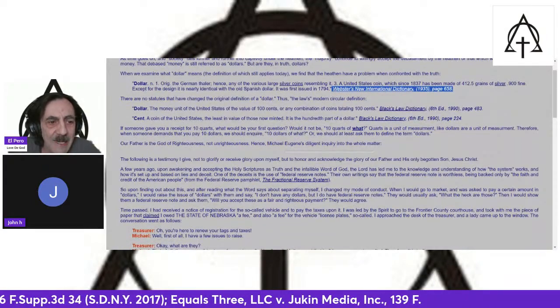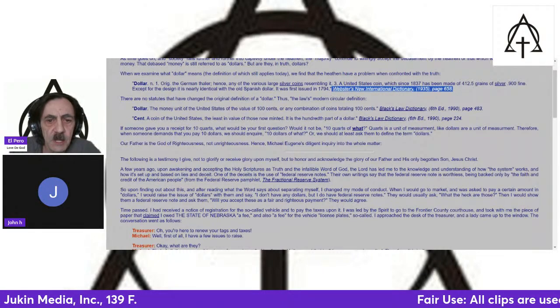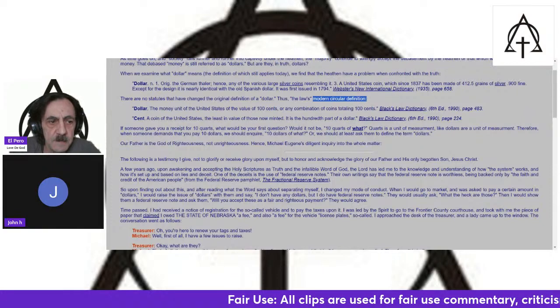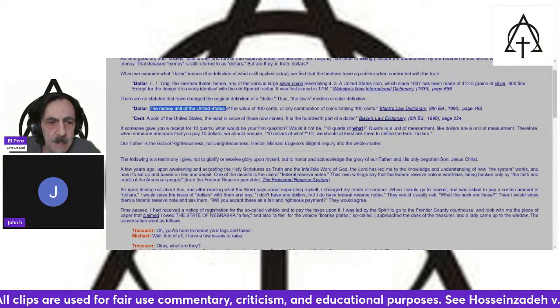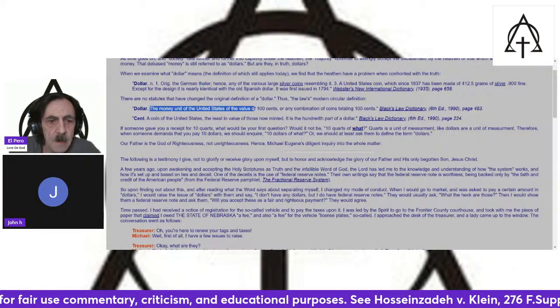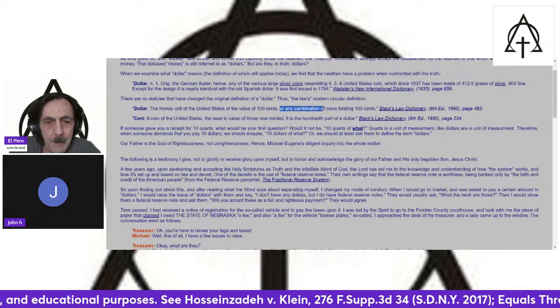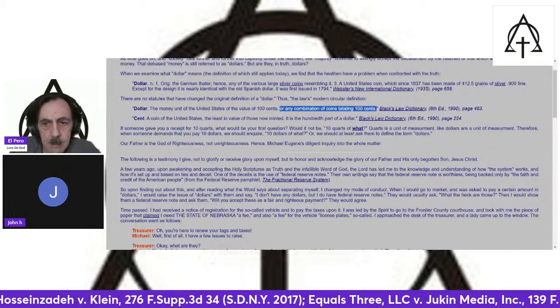There are no statutes that have changed the original definition of a dollar. Thus, the law's modern circular definition: Dollar, the money unit of the United States of the value of 100 cents, or any combination of coins totaling 100 cents.